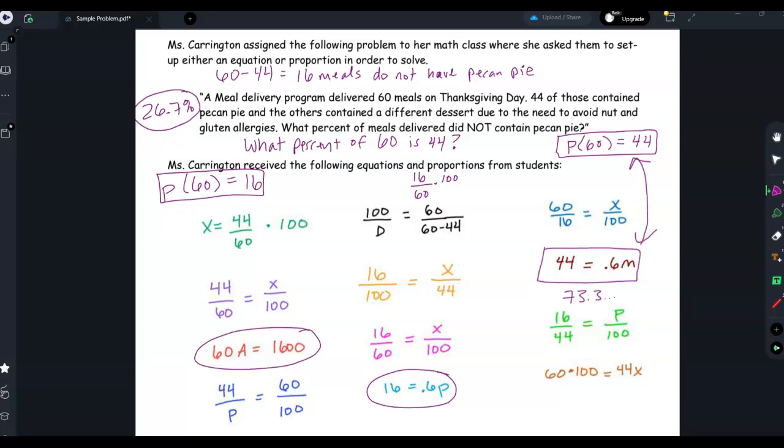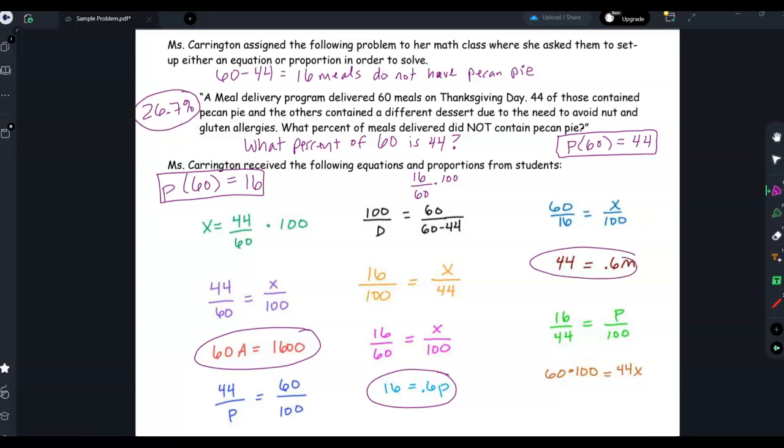And this isn't the correct answer, but remember, that's just doing it this other way. You would do the subtraction at the end. So once they would get 73.3 repeating, then they would just subtract that from 100% to get the 26.7%. So again, it's the same thing. They've just already converted it to a percent instead of leaving the answer as a decimal. So that one works as well.